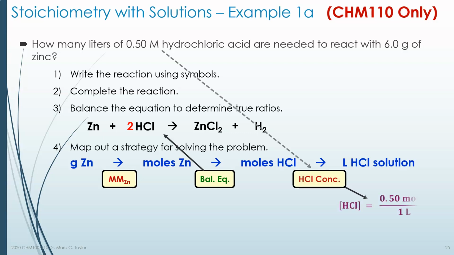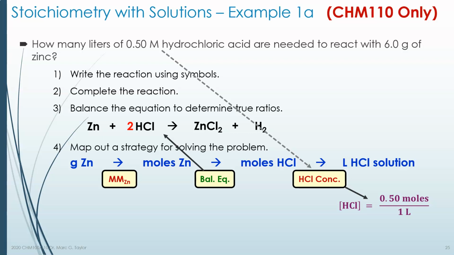And then in order to convert moles of HCl to liters of HCl, we need something that has both the moles and the liters in the formula, and concentration is by definition a moles per liter unit, at least if we're using molar concentration. So we know that 0.50 molar is the same thing as saying 0.50 moles of HCl divided by 1 liter of HCl. And that's a conversion factor as well.